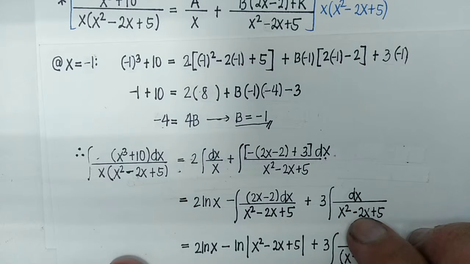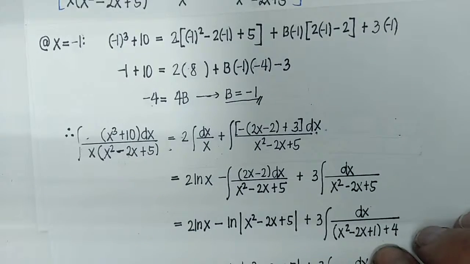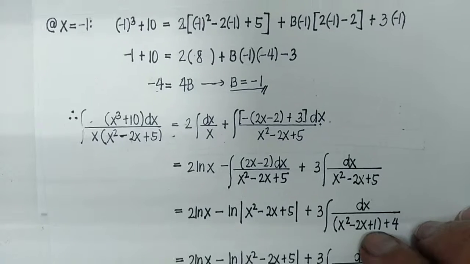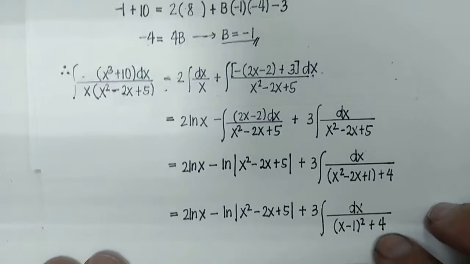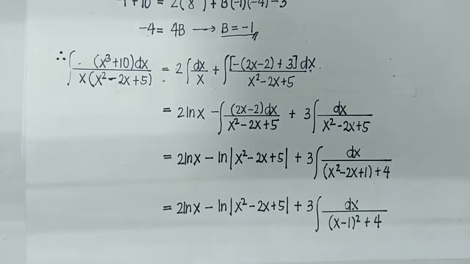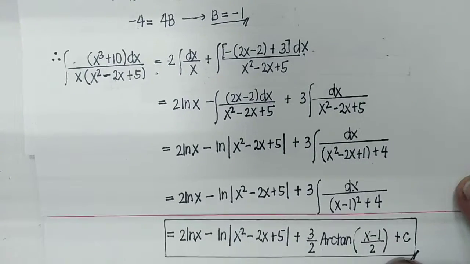So completing the square for our third integrand, we get the following expression for the denominator. And factoring this out, the x squared minus 2x plus 1, we now get our final answer, which is equal to the following.